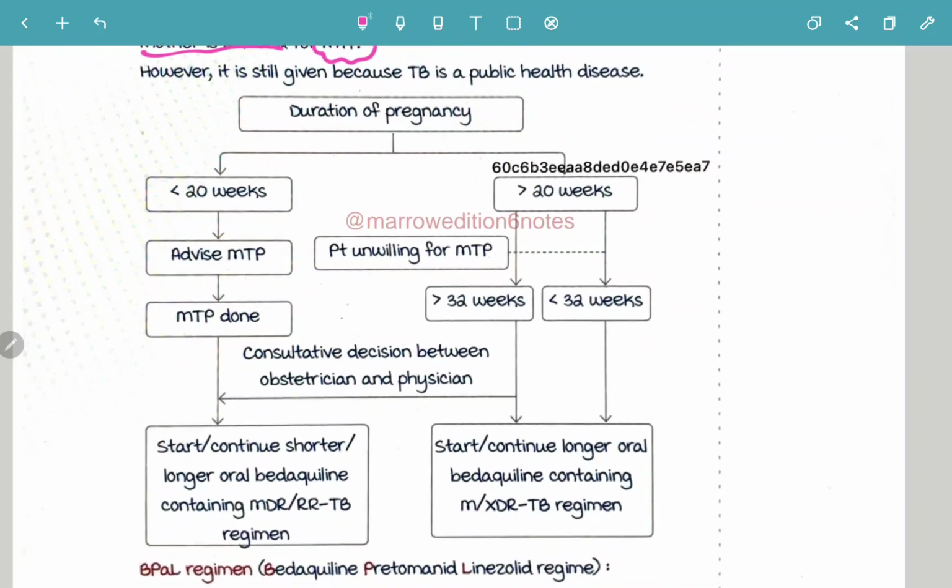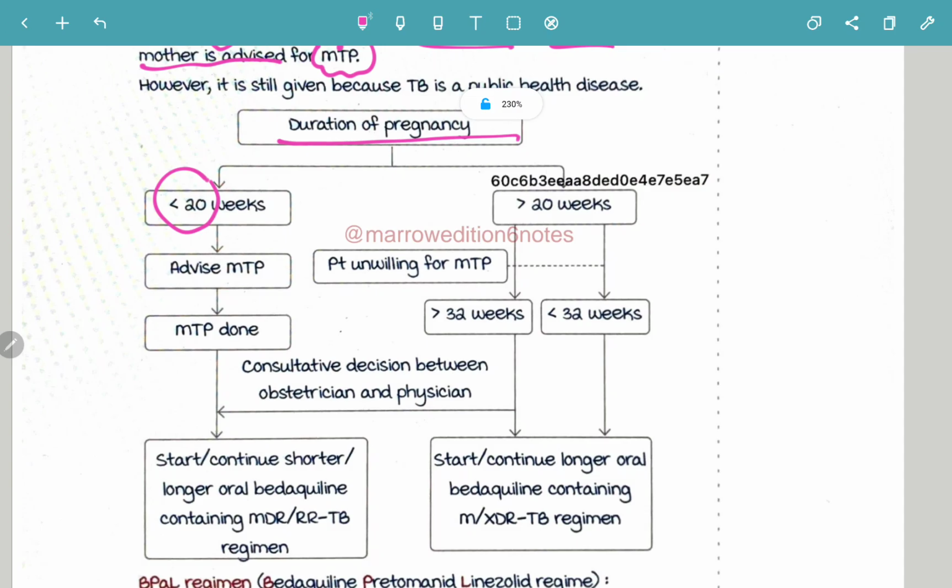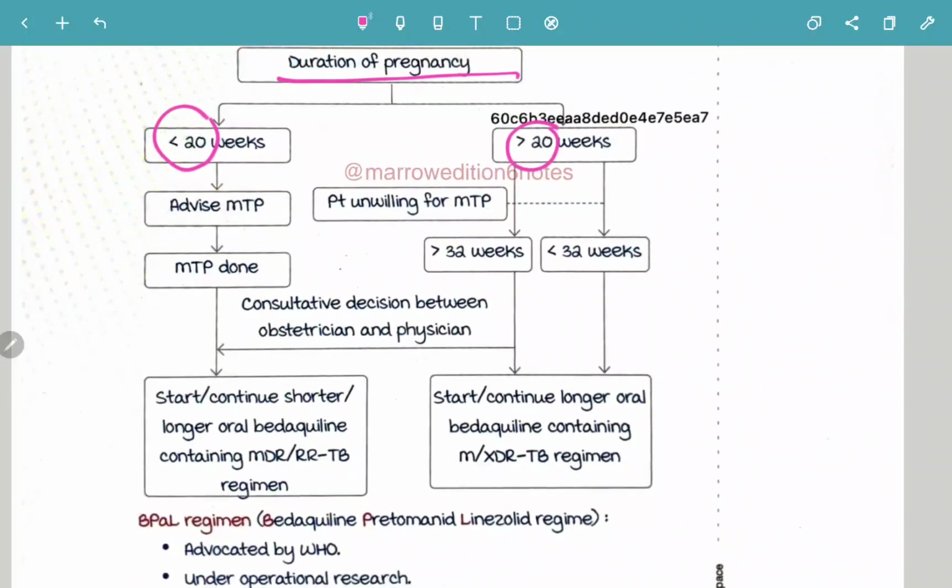Now, the duration of the pregnancy you need to see. If there is a pregnant woman, you need to look for the duration of the pregnancy first. See whether the duration is less than 20 weeks or more than 20 weeks. If the duration is less than 20 weeks, you need to advise MTP, medical termination of pregnancy.